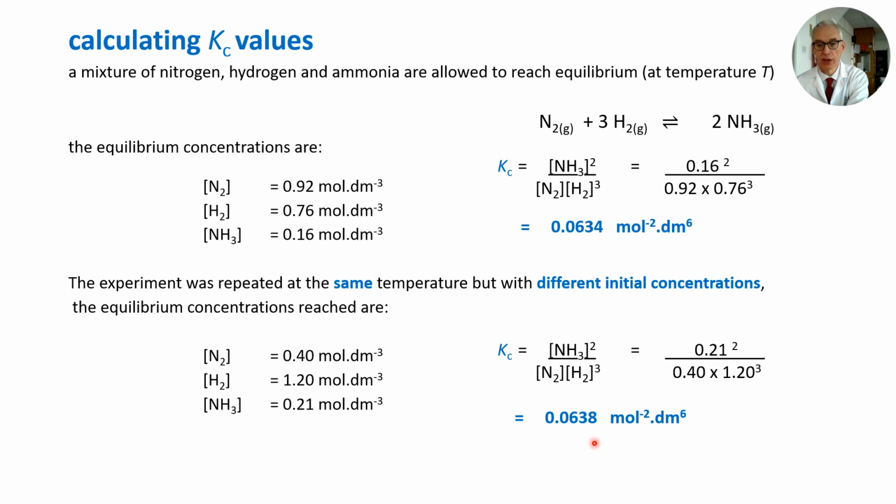So you've got a value that is very close to the previous Kc value. So there will be some variation due to experimental data's variation, but we can see here from this experimental data that the Kc value is maintained for different initial concentrations.